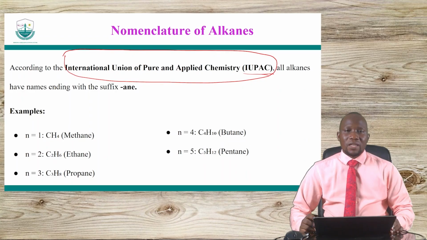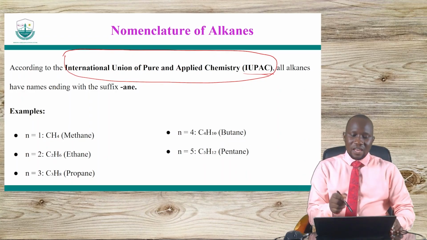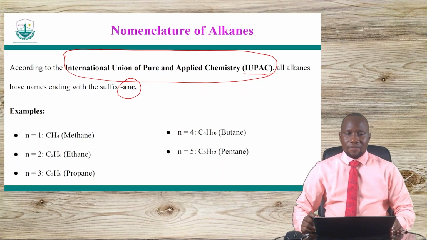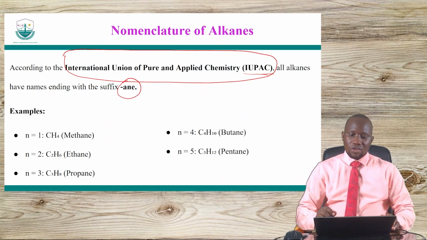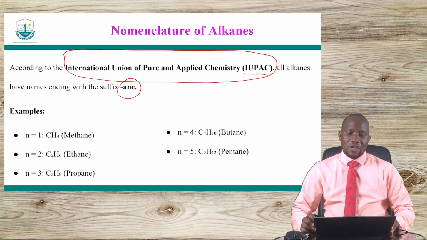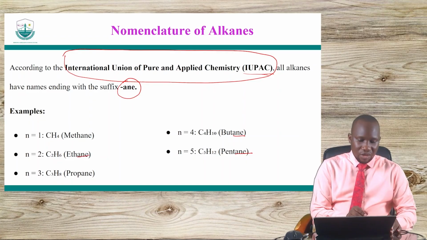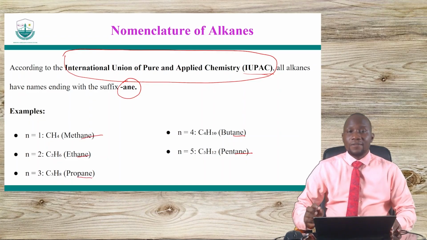So rule number 1 is that the ending should have this suffix ANE. So we have methane, ethane, propane, butane, pentane. Okay, so the moment you see that, you just know we are talking about an alkane.